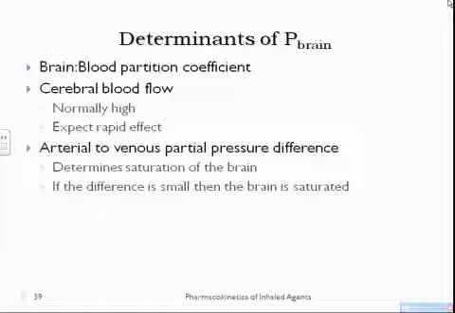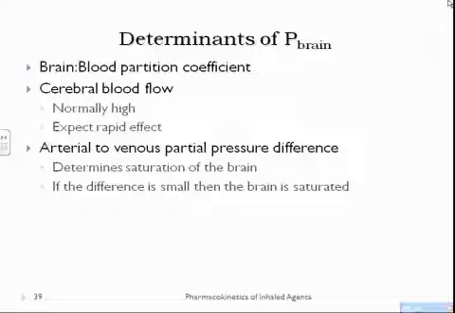Now, the determinants of your actual brain concentration will be determined by the brain-blood partition coefficient and also by cerebral blood flow. Remember, that's normally high, and you should expect rapid effect most of the time, which is a good thing, that's what our endpoint is most of the time in anesthesia, to put people to sleep.